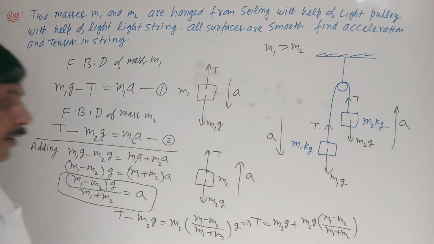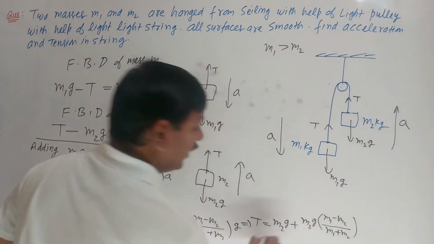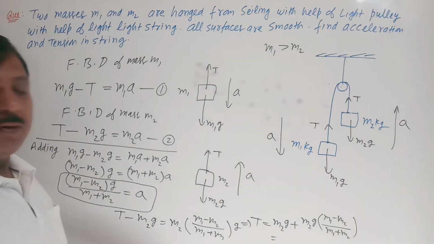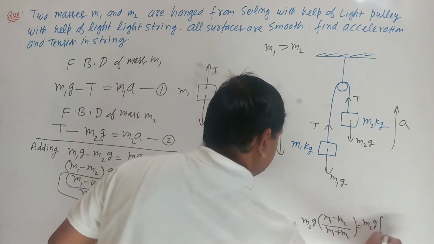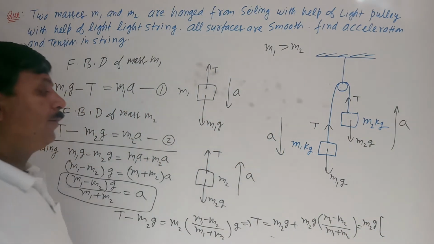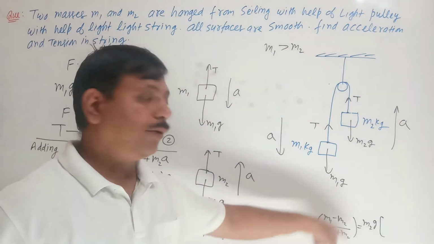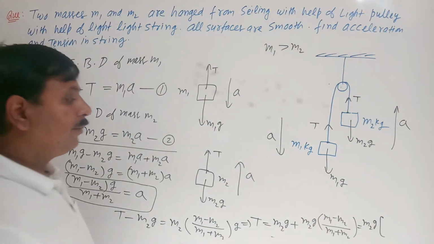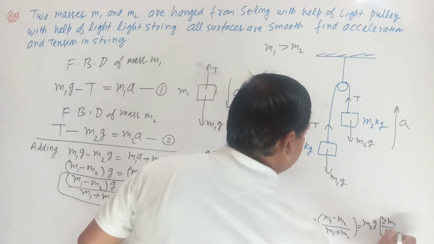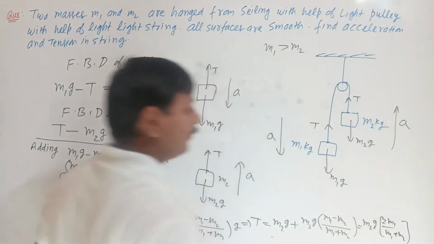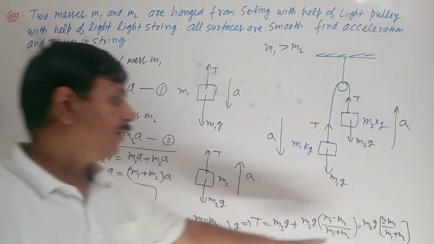Here you can see I have taken m2g common. When m2g is taken common, I am writing here and simplifying. So this will come m1 plus m2, m2 cancels, and this will come 2m1. So 2m1 upon m1 plus m2. What will be the tension?